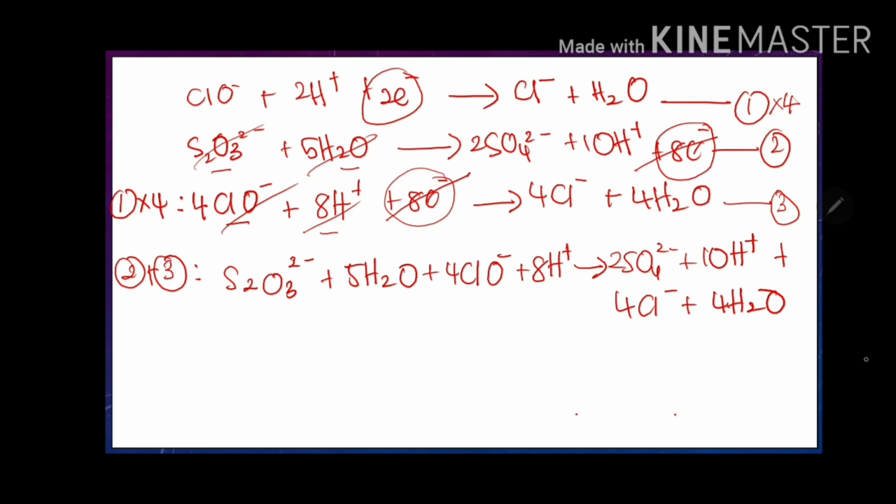Okay, so the next step is to simplify the equation. What do we mean by simplify the equation? Check which species are the same on both sides. For example, here we can see there is H+ on the left side and H+ on the right side.